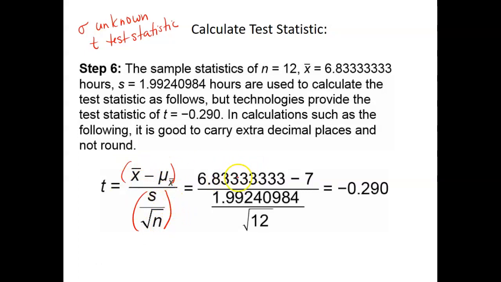So our x bar we got from our one variable stats. Our mu was from the claim statement. Our S was from the calculator, and then our n was our sample size. We had 12 data values, so we'll put the square root of 12 here. When you do this calculation, you get this value, and that is our test statistic.